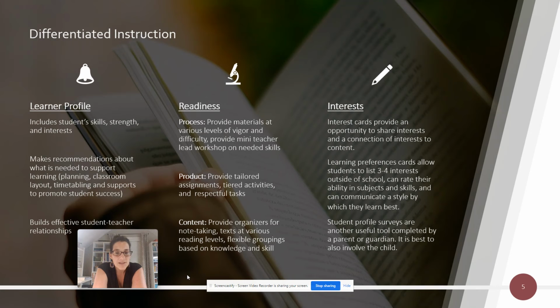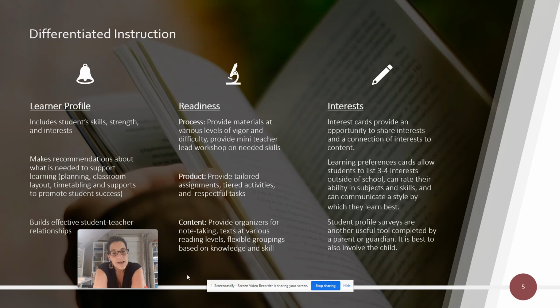Learning preference cards allow students to list 3 or 4 of their own interests outside of school, and they even have the opportunity to rate their abilities in the subject or skill, and communicate a style by which they learn best.